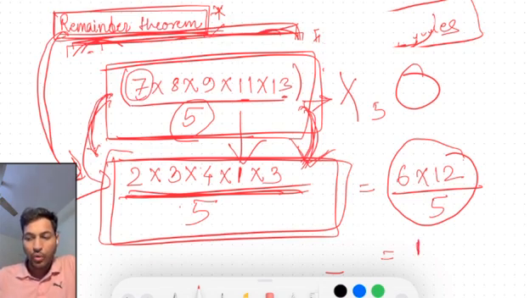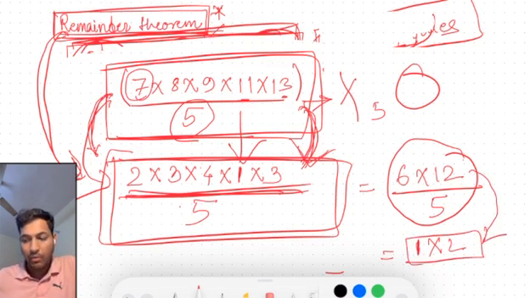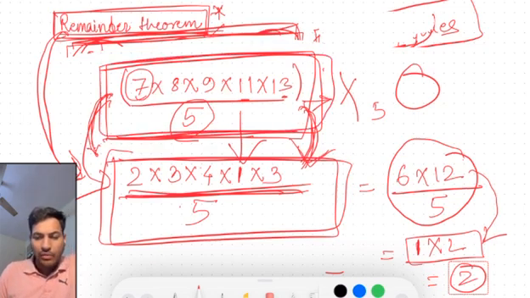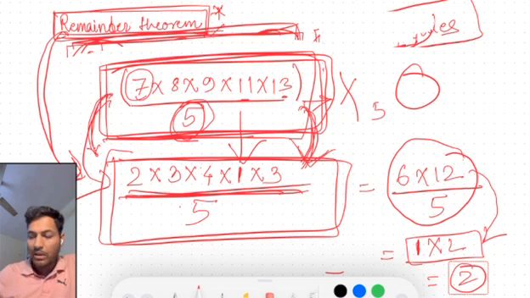If you divide 12 by 5, the remainder will be 2. So the remainder again will be 1 into 2, which equals 2. Can you see how magical it is? This complex sum, to be divided by 5, gives a remainder equal to 2.